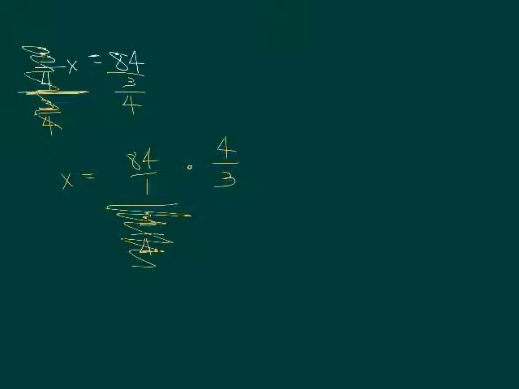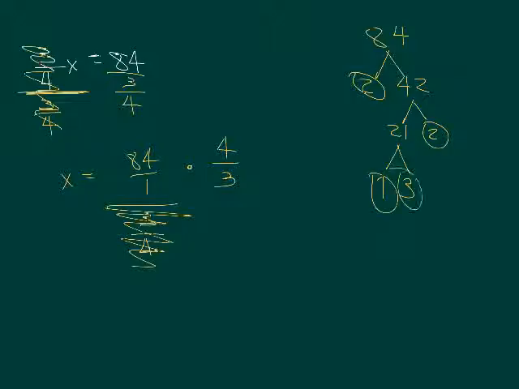So 84, let's do a factor tree and see what that reduces down to. Let's make a factor tree, that might help. 2 and 42, so I can circle that, that's prime. 21 and 2, that's prime. 7 and 3, both of those are prime.